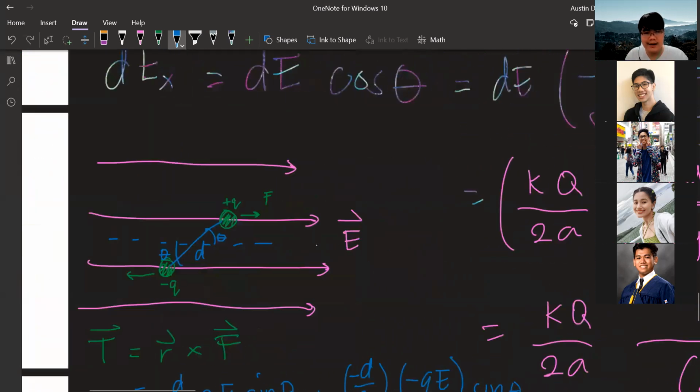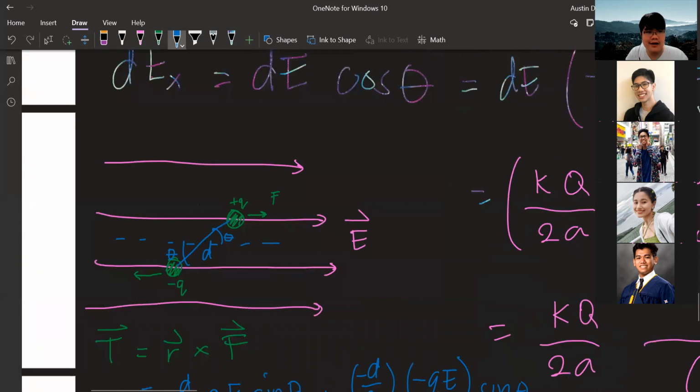Kapag naka-align na yung charge mo, so kapag naka-align na siya dito, this is your plus, this is your minus. Nasa stable configuration na siya. Kasi yung plus mo, yung plus charge mo, naka-point na yung force na mararamdaman niya towards that and towards this.